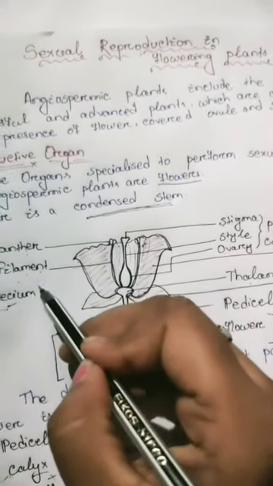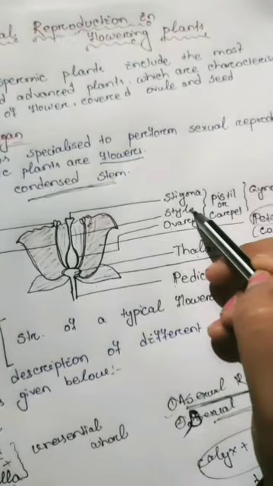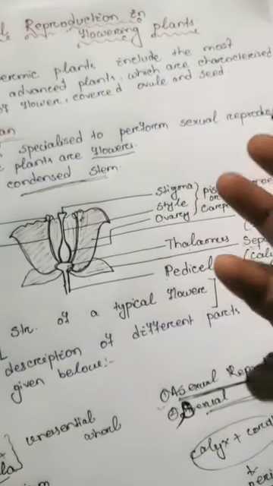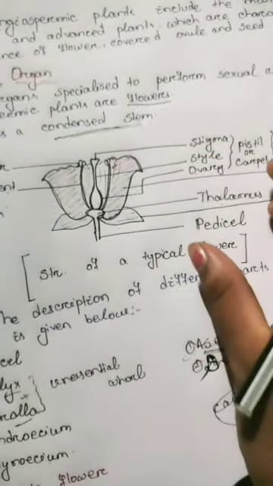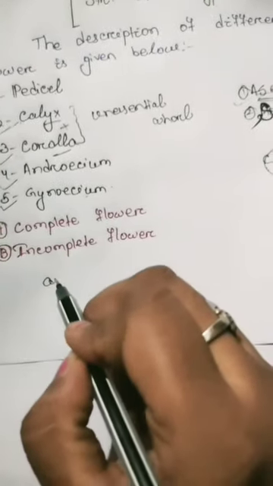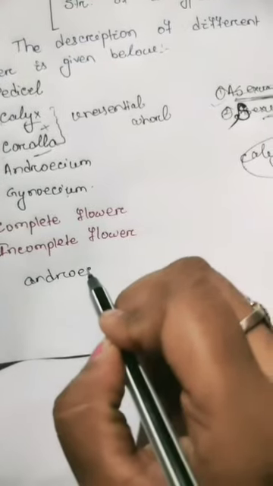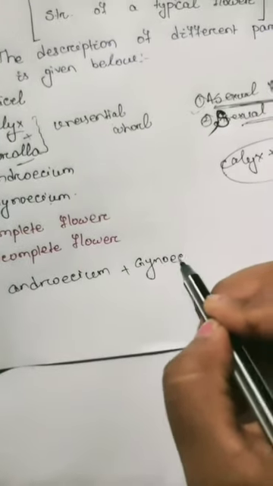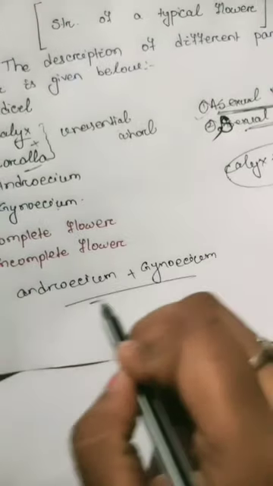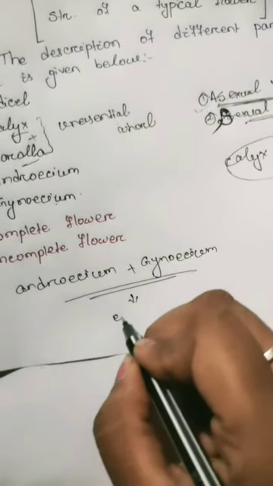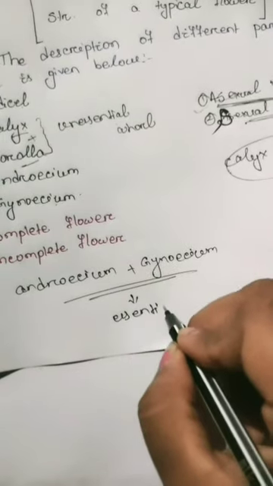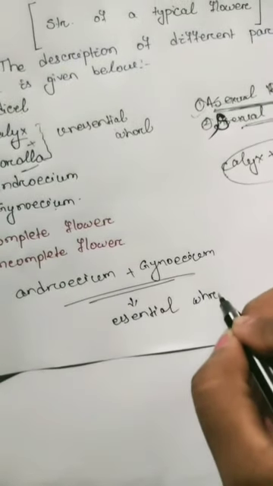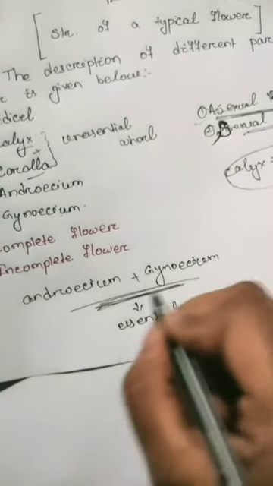Androecium is the male reproductive part and gynoecium is the female reproductive part, and androecium and gynoecium together are known as essential whorls because they take part in the reproduction process.